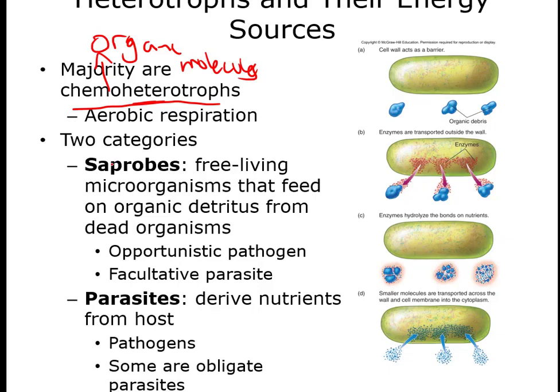There's two general categories of these. You could have a saprobe. Usually whenever you see saprobe, you think of something that's like a decomposer, like a fungus or a bacteria that's able to extract nutrients from dead or decaying matter. Or you could have a parasite, which generally refers to something that's eating nutrients directly from its host.